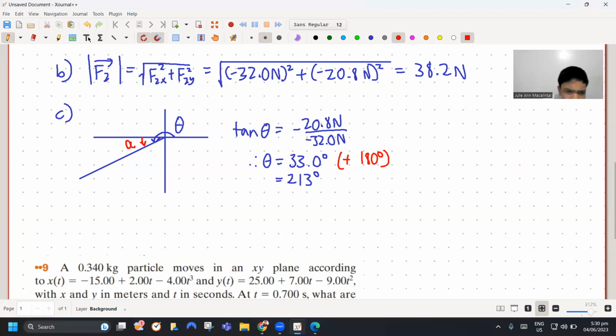And then compute theta using alpha. Ayan. So 33 and then, okay, 213 degrees. Ayan. Okay. So okay na yan, no? Let's go to the next item, number 9.